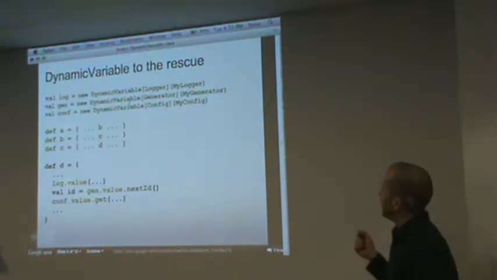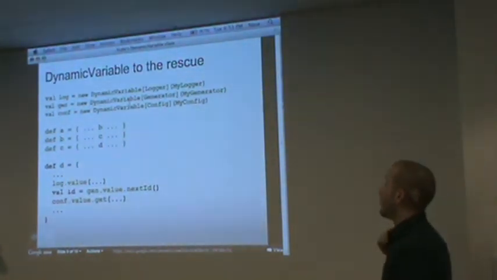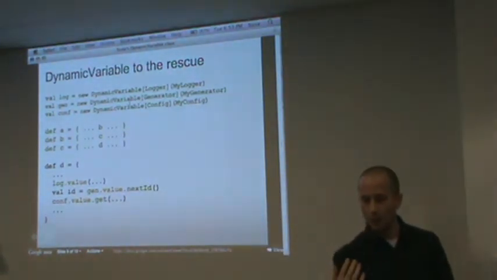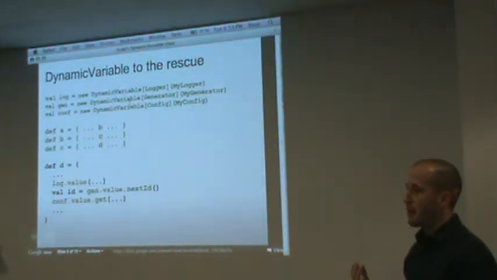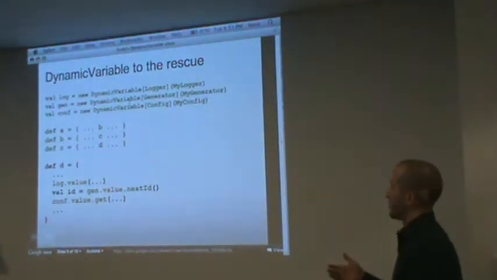ThreadLocal is essentially a lookup from the current thread to a value for a variable. So behind the scenes, you have a map from threads to values of some type.